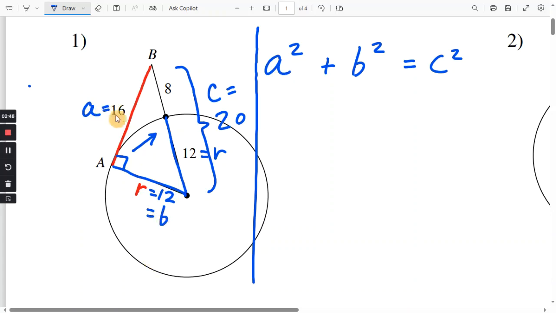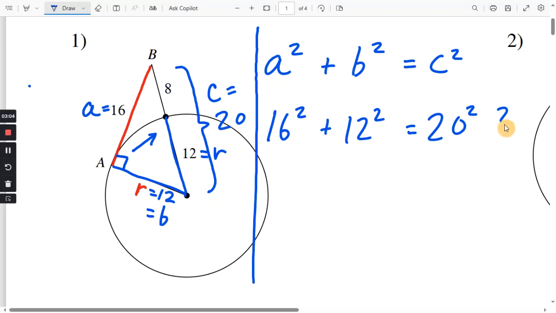So a squared is going to be 16 squared, b squared is going to be 12 squared, and c squared is going to be 20 squared. I will put a question mark for now because we don't know if it's true yet.